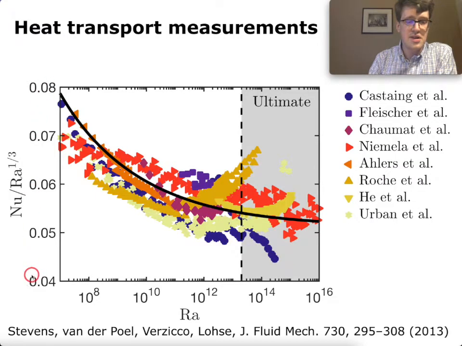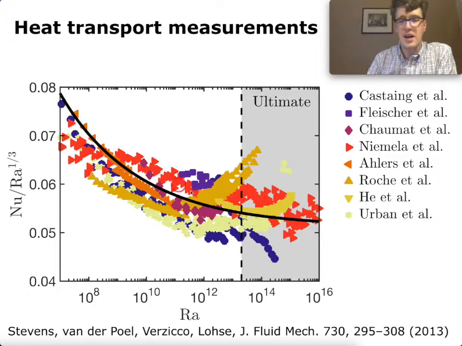Here we see the heat transfer enhancements as function of the Rayleigh number, showing different experimental measurements, showing that there's a reasonably large spread in the different measurements that are performed, reaching this ultimate regime here in the Göttingen experiments as discussed previously.